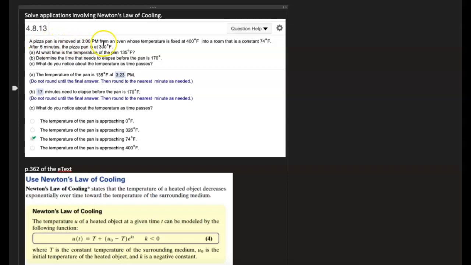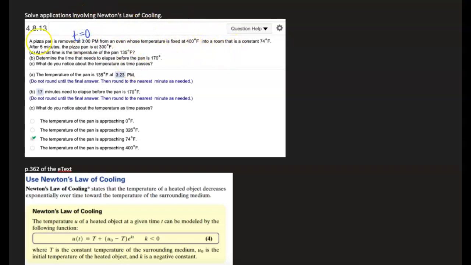So we see that the pizza is removed at 3 o'clock from an oven. It's 400 degrees. The room temperature is 74, and after 5 minutes, the pizza has cooled to 300 degrees. Now, I'm going to treat 3 p.m. as time zero, or an initial value.